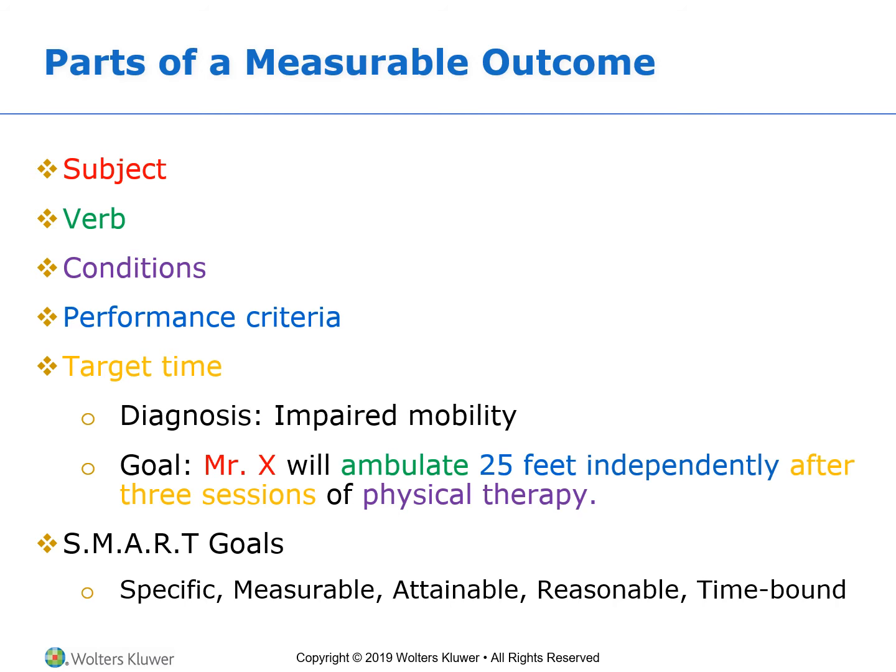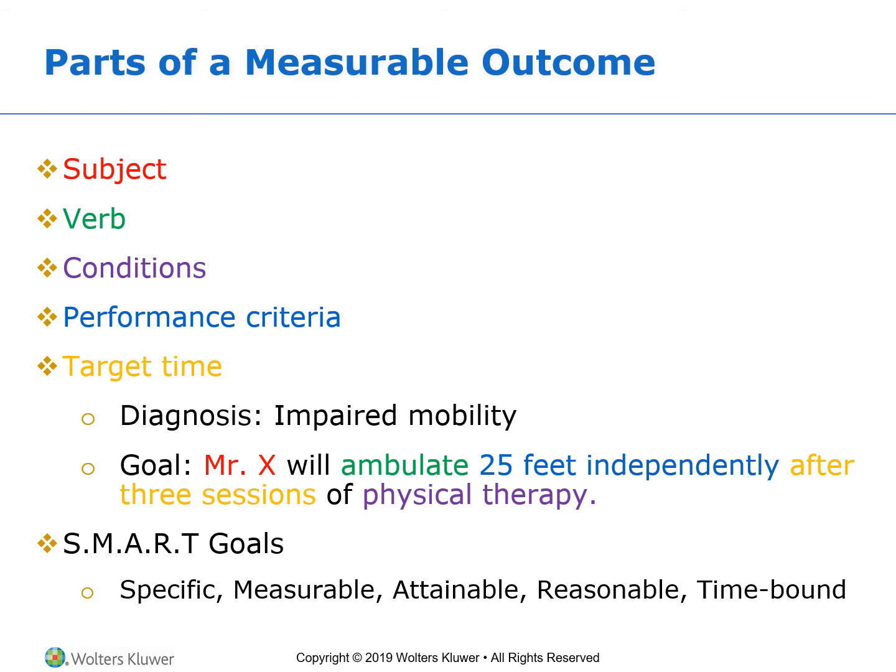So some other considerations: you want to make sure that your outcome is culturally appropriate. What might be an appropriate intervention for one person might not necessarily be one for someone else. So chapter 5 will discuss culturally appropriate care a little better for you, so I would definitely go back and review that.